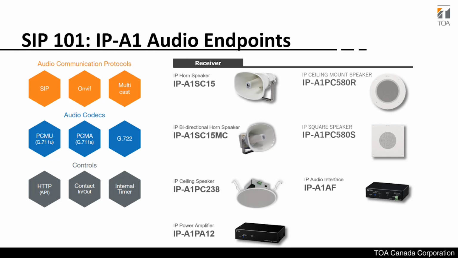So you can connect this device to any amplifier and page to just analog speakers. And of course, you can use the IP1PA12. It's a 70-volt, 12-watt power amplifier. So instead of using a third-party amplifier, you can connect multiple speakers to this IP power amplifier and do the same paging as with other units.